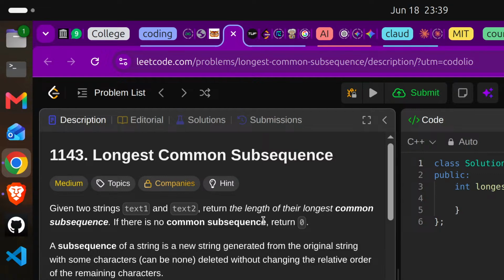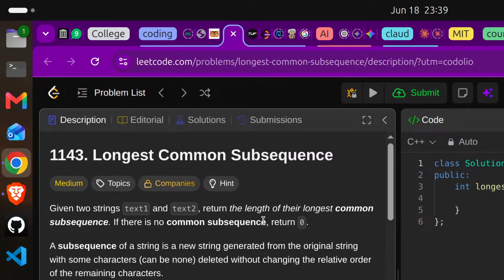If they are different, we have to move forward again because they break the consistency, right?